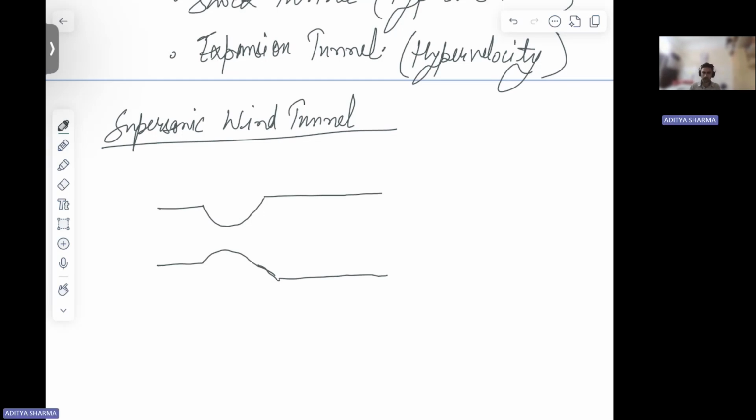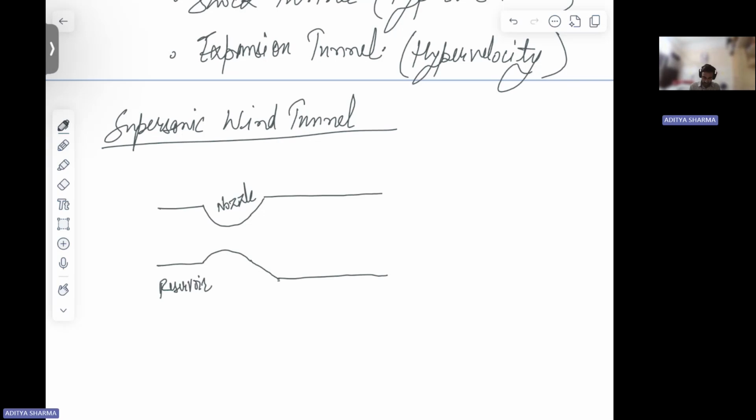Then you accelerate it through a nozzle. So this is your reservoir, and this is your nozzle.